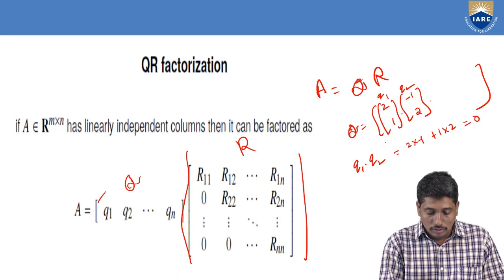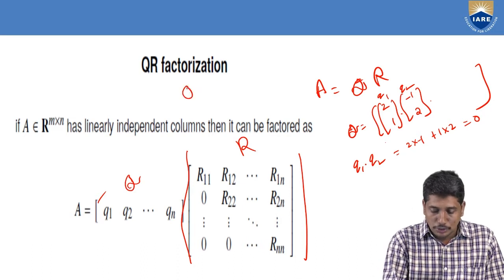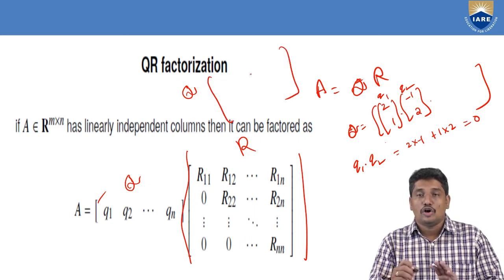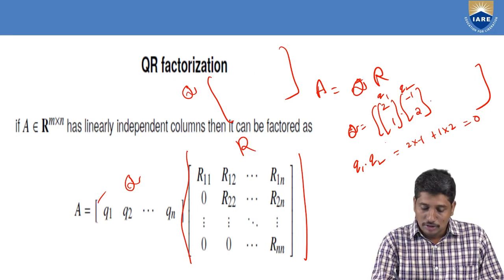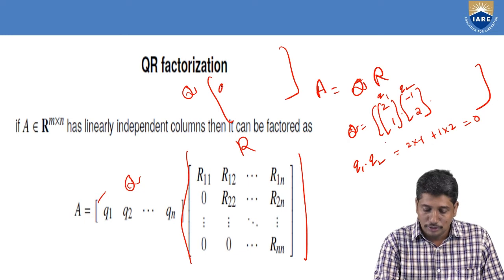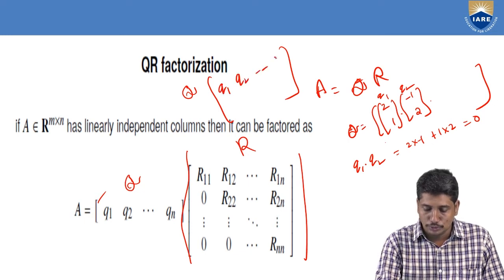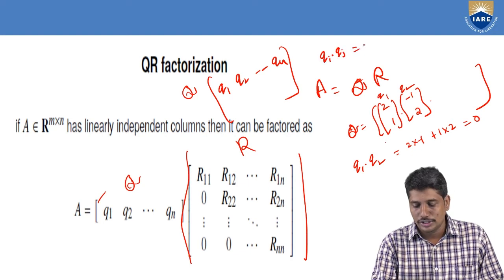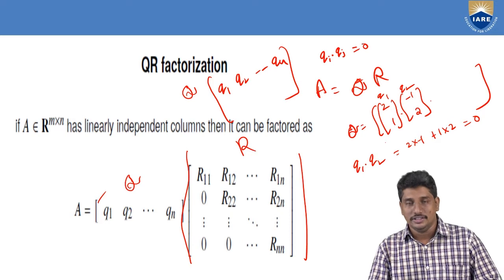So we call a matrix Q an orthogonal matrix if every pair of columns is orthogonal to each other. That means Q contains Q1, Q2, and so on up to Qn, and the dot product of Qi and Qj is 0 for every pair i and j.